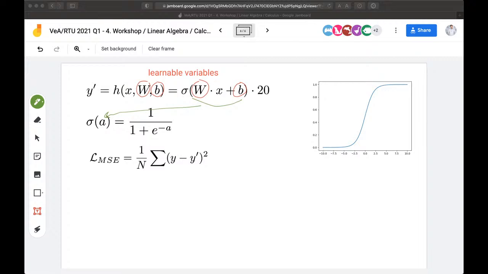Any ideas so far? Please think about the previous robot arm, and if you have no ideas, you don't know how to learn the weight and bias, then just type in a minus sign.